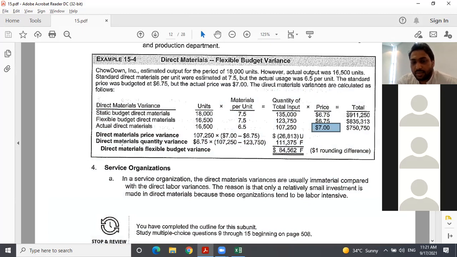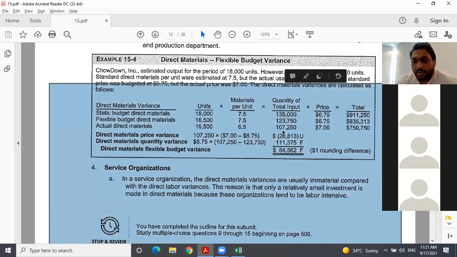Next, the material quantity variance. Here you will compare your actual quantity with your adjusted standard quantity. So 107 minus 123, you will get a favorable variance. Clear? And how to get the direct material variance?